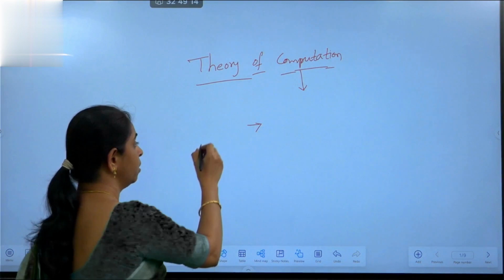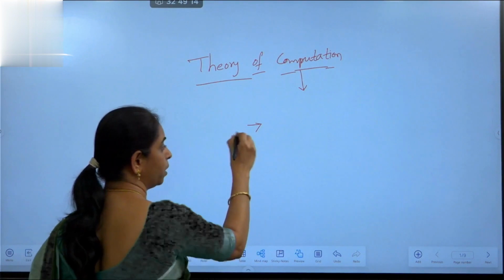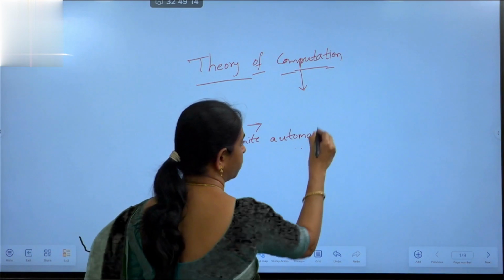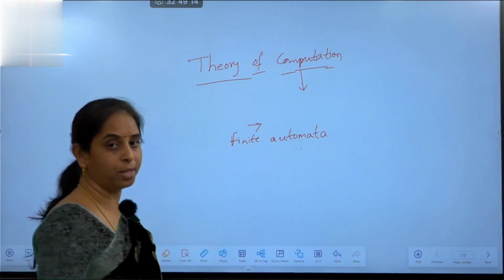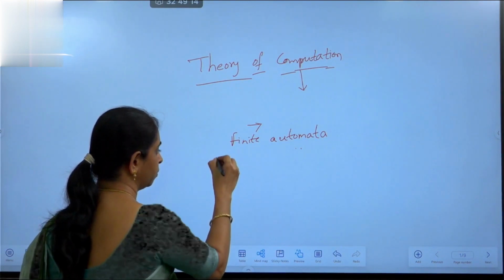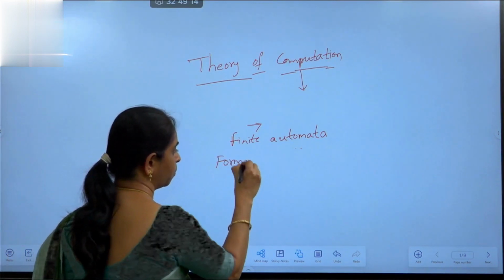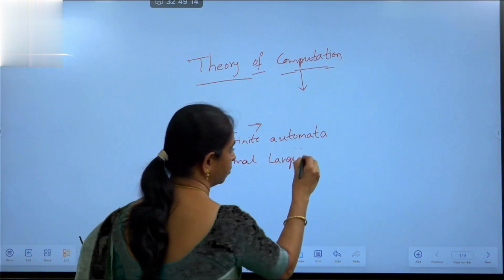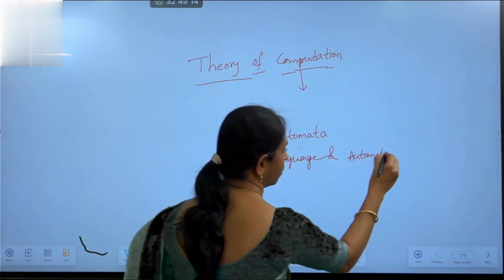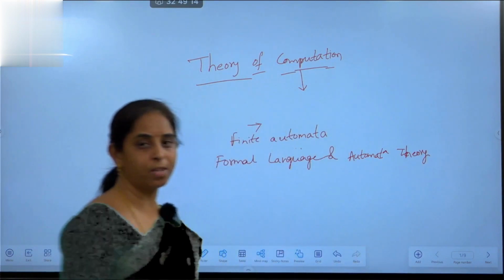The main examples of the theory of computation are finite automata and so on. We also call this theory of computation formal language and automata theory.